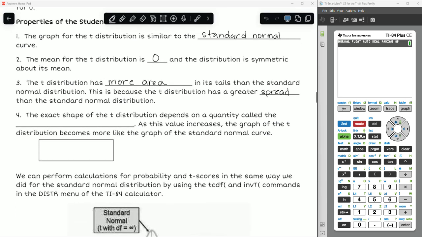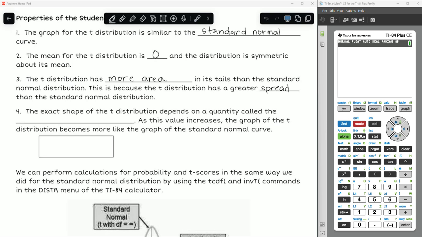Another important difference between the standard normal curve and the student t-distribution is that the exact shape of the t-distribution depends on a quantity called the degrees of freedom.